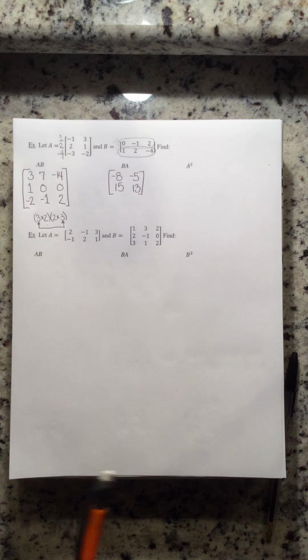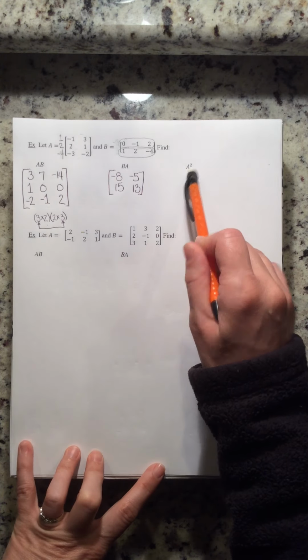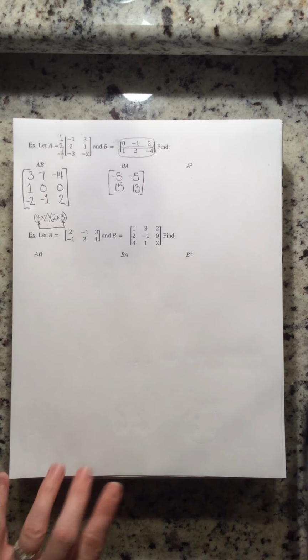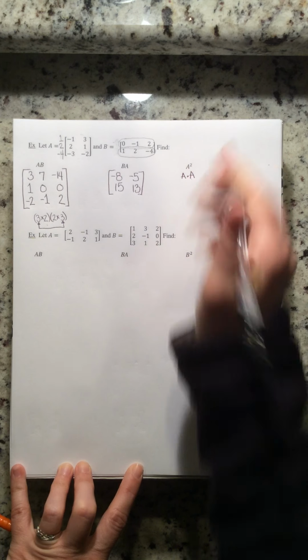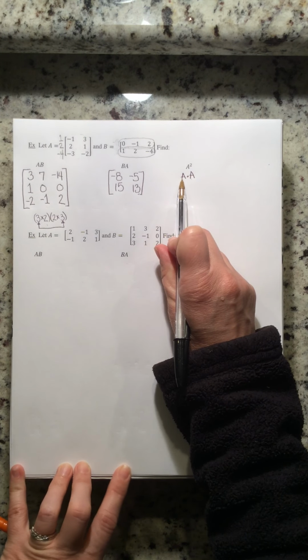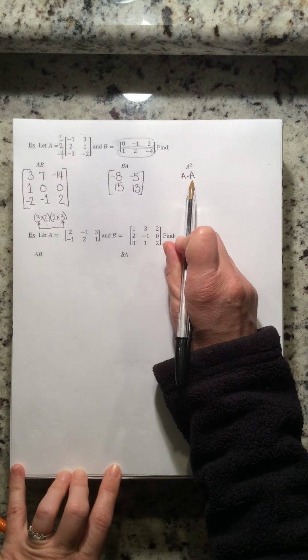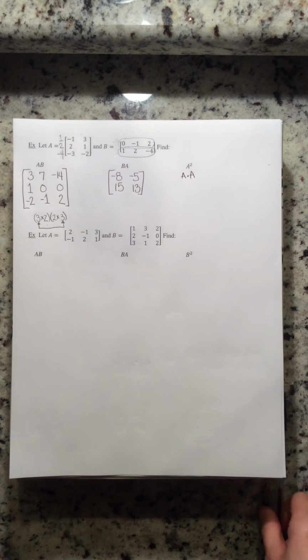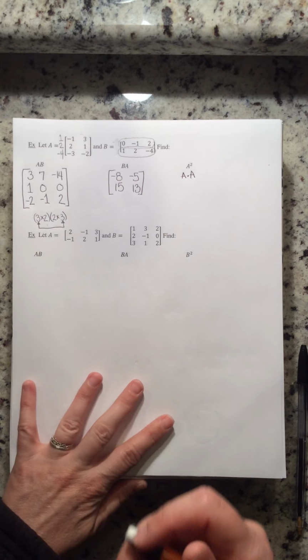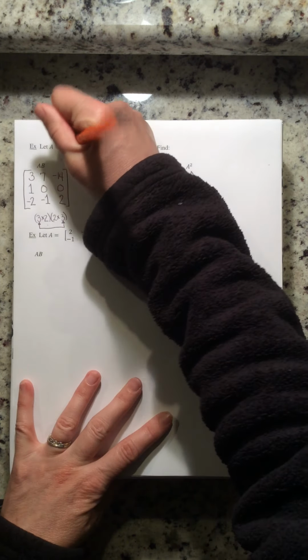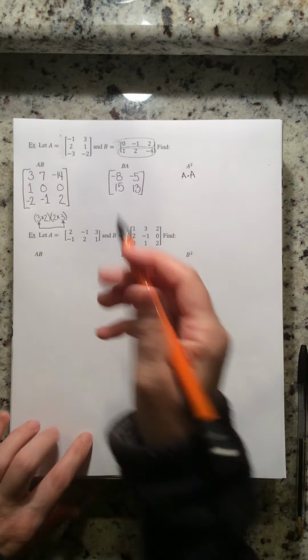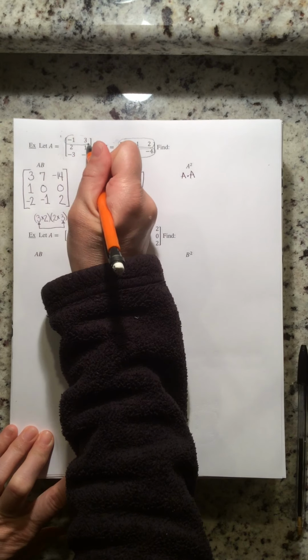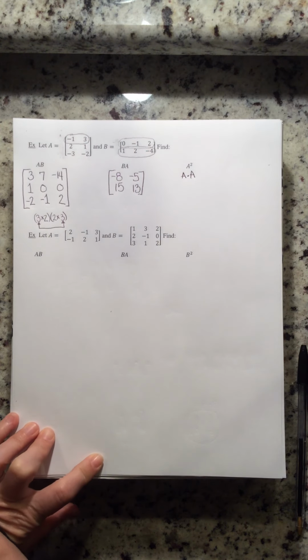If they're asking for A squared, remember they're asking you to multiply matrix A times matrix A. So it wants the rows of A times the columns of A. So if we're looking at the rows of A, the first row of A would be this -1, 3 that we see here.